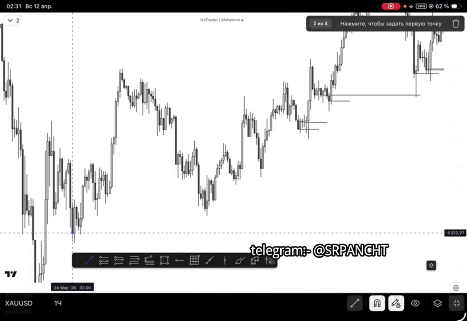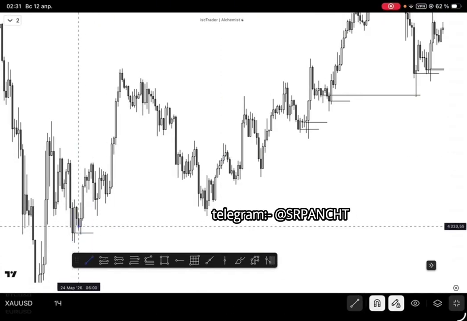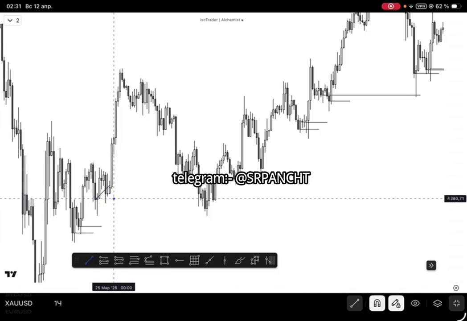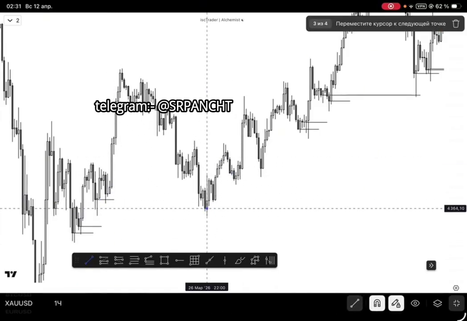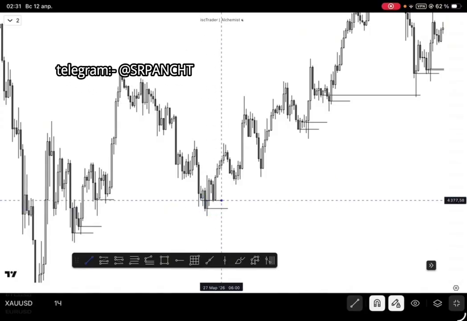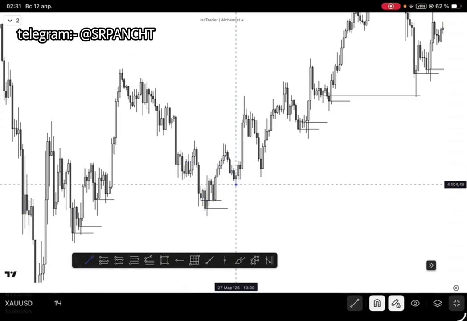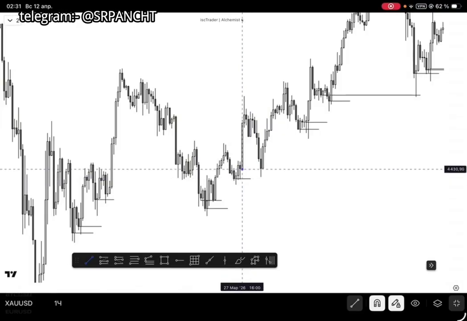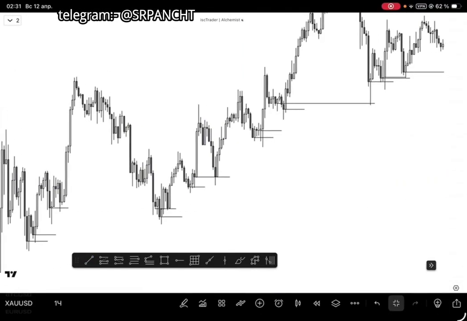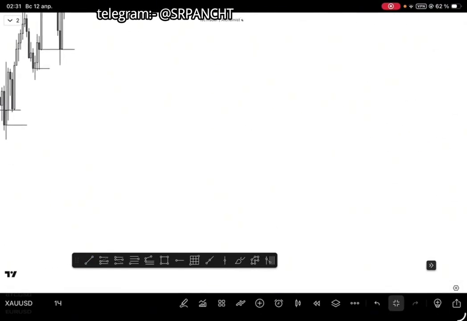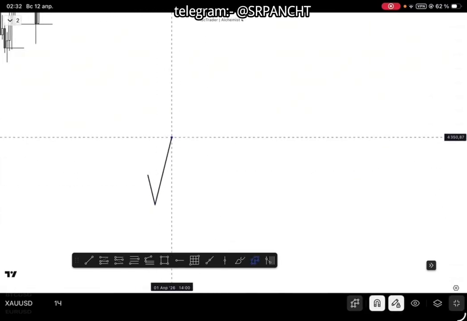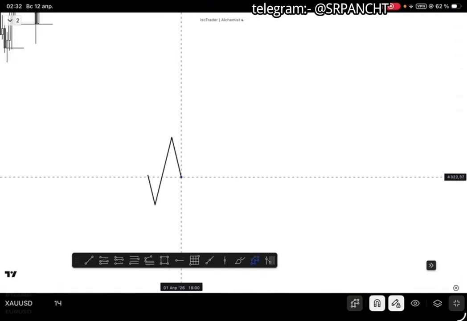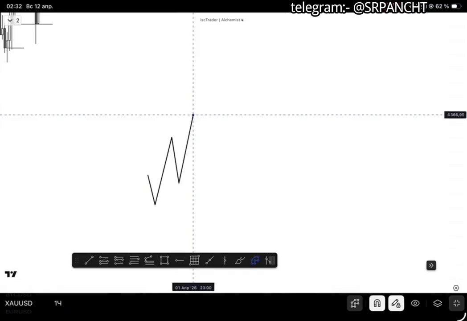Something like that. Okay. Support, support, and even more support zones. The market is moving. The market is in a trend. Good, it's moving.